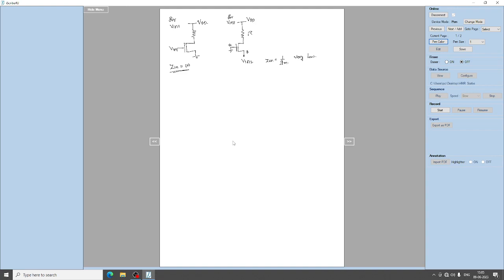To summarize, input 1 will see a very high input impedance, which is good for the amplifier, whereas input 2 will see a very low input impedance, which is bad for the amplifier. Now how to fix this impedance matching problem?